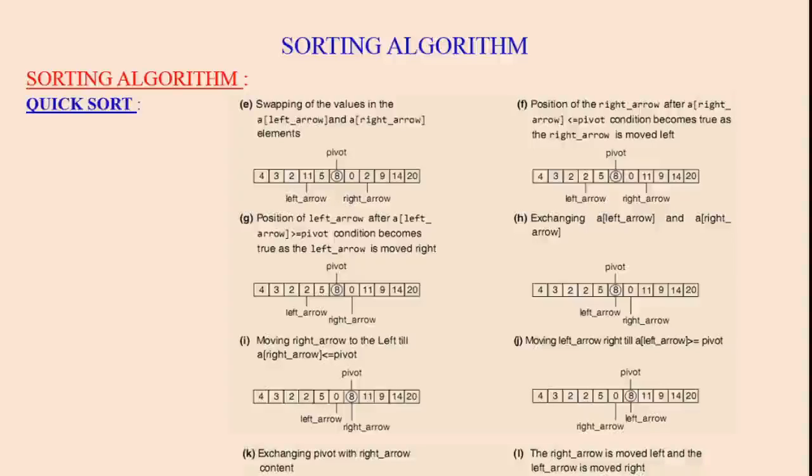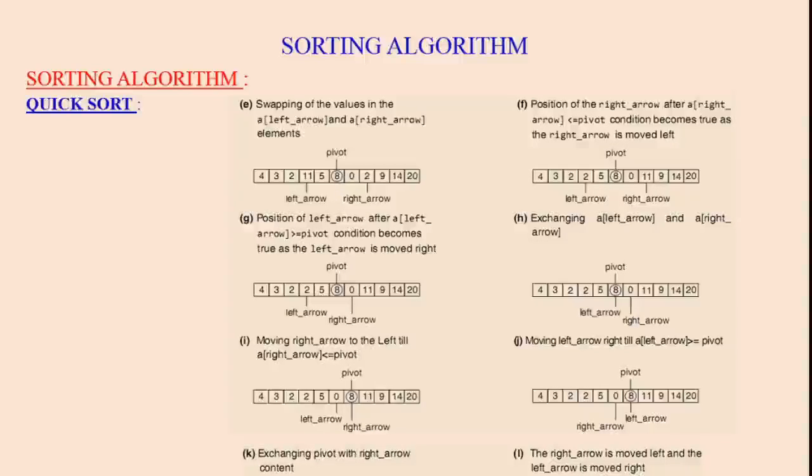So in those algorithms, the first one is swapping of the values in the A left arrow and A right arrow elements. The elements in the left arrow and the elements in the right arrow are swapped.